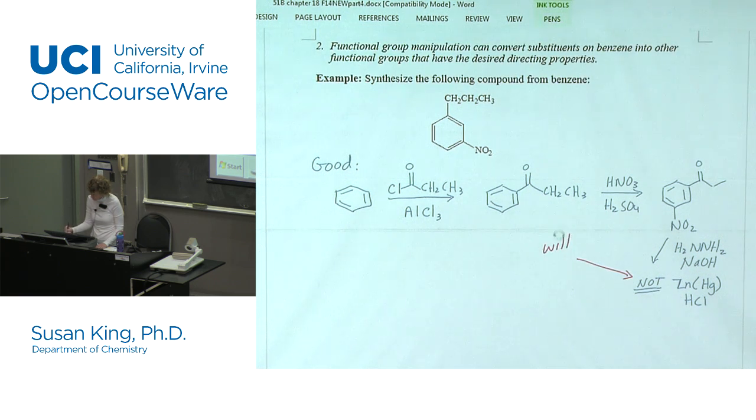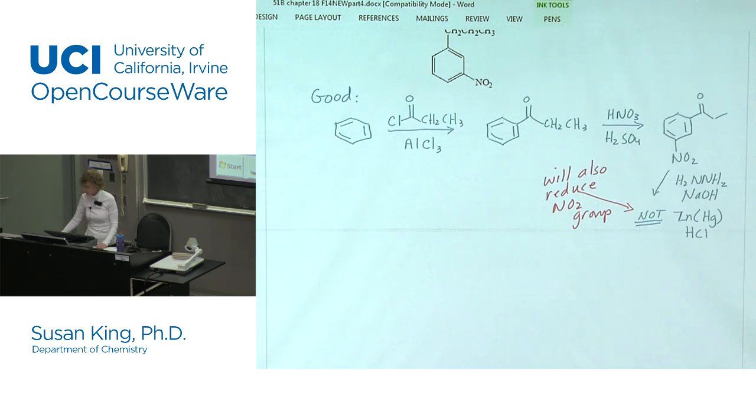This will also reduce the nitro group. The other thing that's nice about these things that we're doing with electrophilic aromatic substitution is we don't really have to worry so much about stereochemistry with a lot of these syntheses.